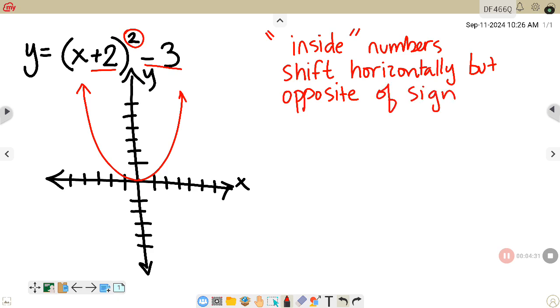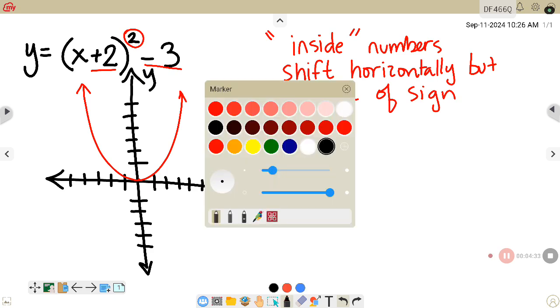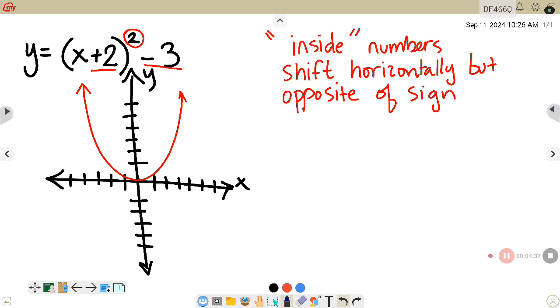So in other words, a plus actually shifts the graph to the left, and a minus shifts it to the right. So what this plus 2 on the inside will do is shift this point right here. It's going to shift it to the left 2.